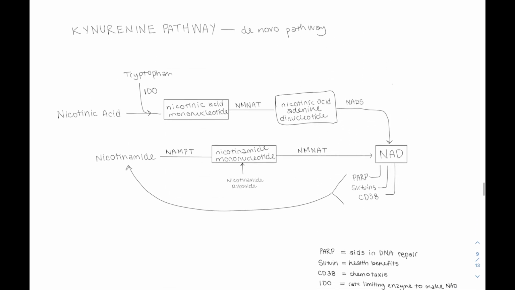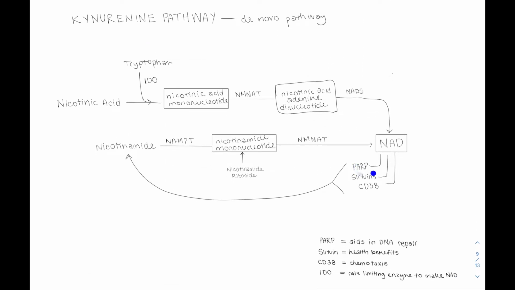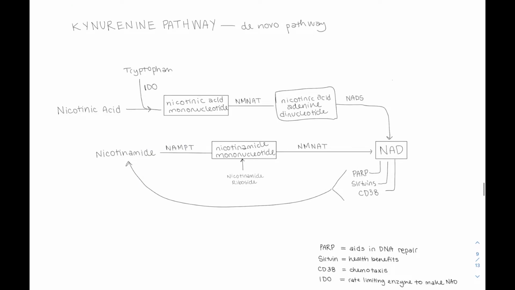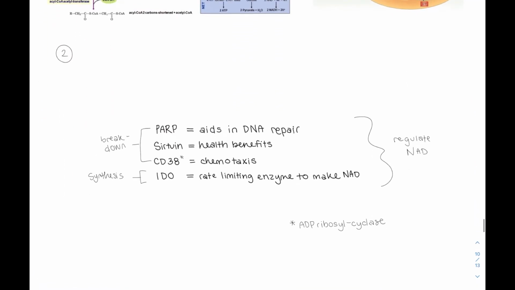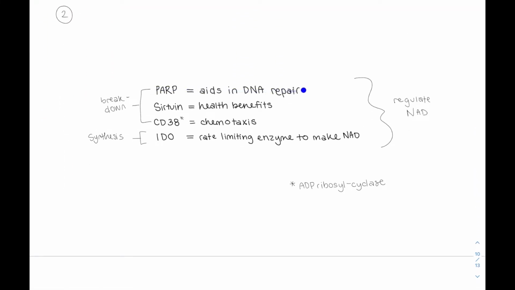So, like we can see here, these 3 break down NAD to be able to act in this salvage pathway, and then IDO is able to create NAD, so it synthesizes it. I'm going to talk about PARP in just a second, but first I want to talk about these 3 a little bit.